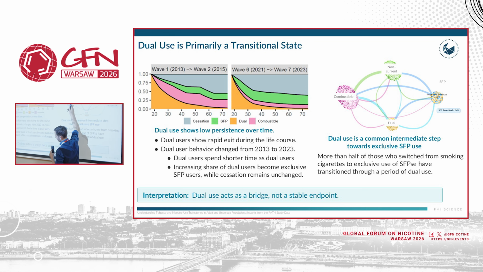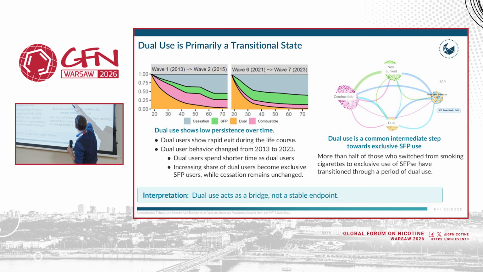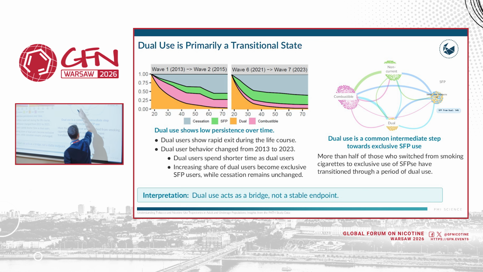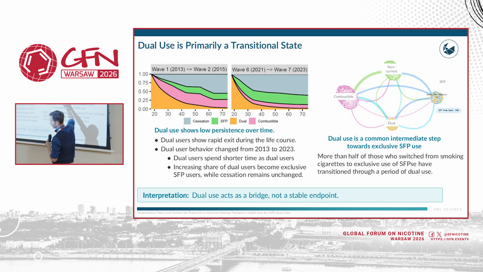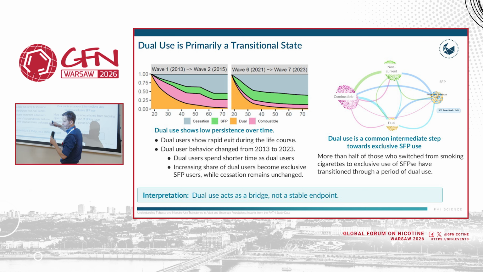If you stay a smoker, that's your probability. If you move to a dual user, we have this small pink line. A combustible user may directly move to a smoke-free products user, or a combustible user may directly become a non-current user. And the width of each of these arrows describes the probability.